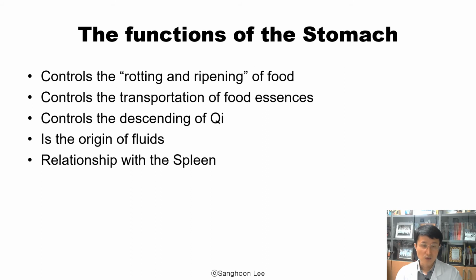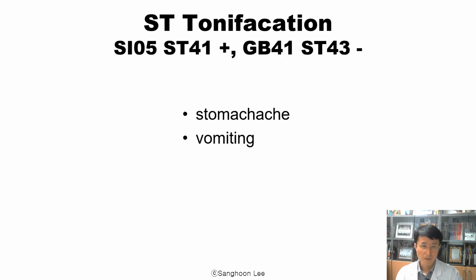It is related with the spleen as a couple. Stomach tonification formula is reinforcing small intestine 5, stomach 41 points, reducing gallbladder 41, stomach 43 points. It can treat stomachache and vomiting.